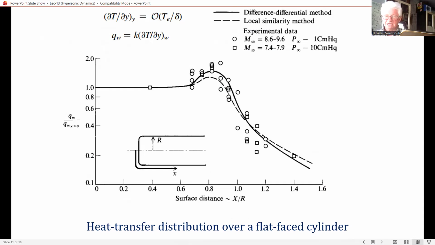So we have dT/dy proportional to T over delta, and because q is proportional to the wall temperature gradient, we therefore expect the local heat transfer to increase. This trend is clearly demonstrated in our figure. So you can see here one of the peaks.